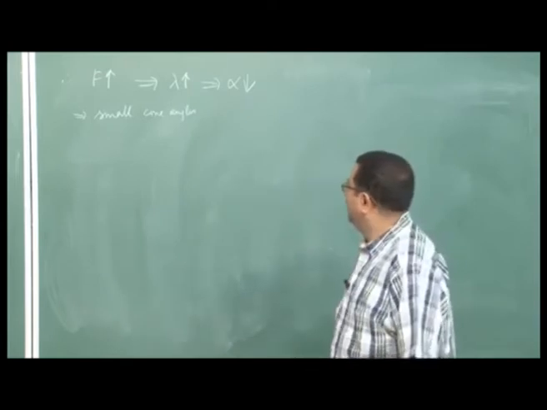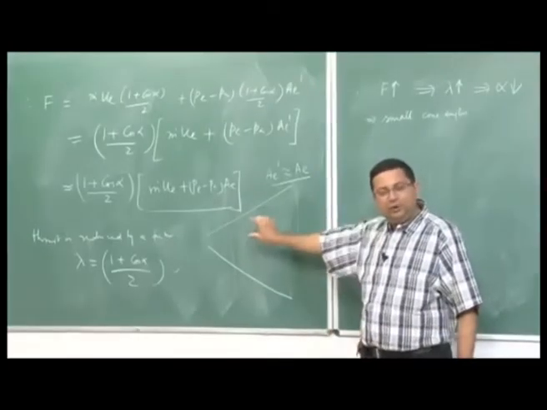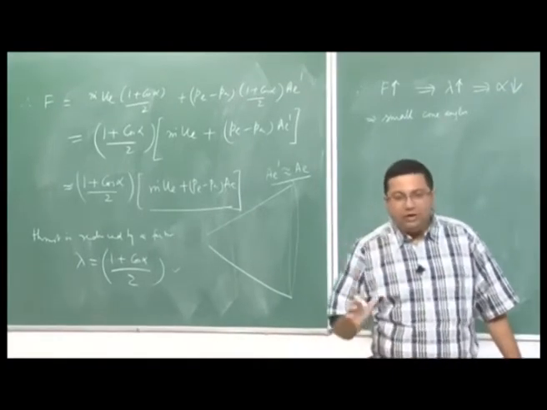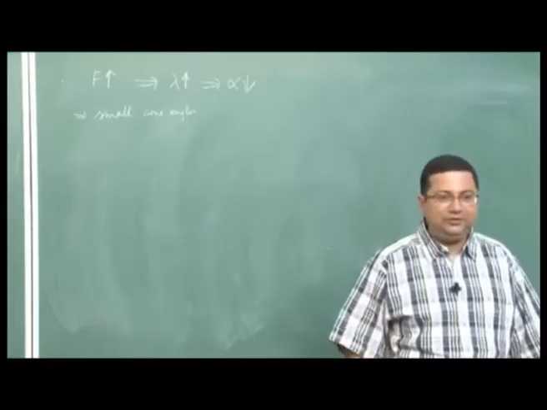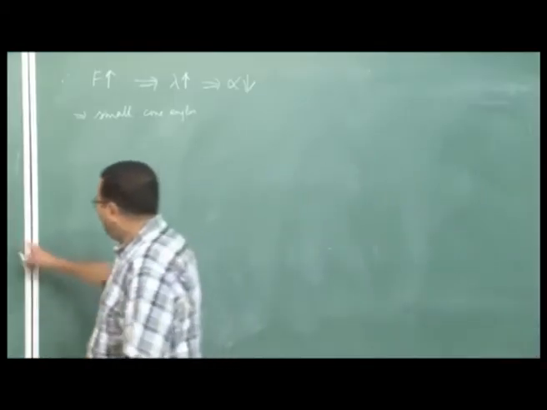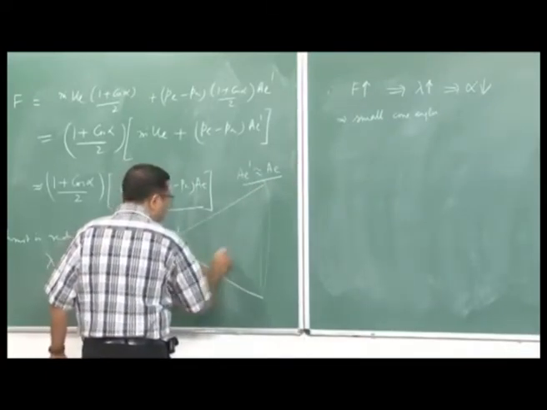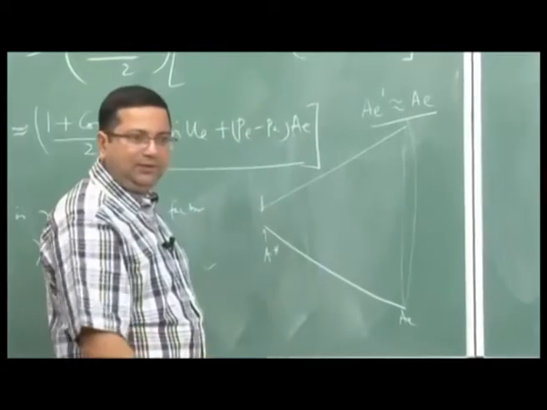But now comes the tricky part. We would like to have a small cone angle. At the same time, in order to get proper expansion, our area ratio is fixed, right? This exit area A_E to this throat area A star is something that is fixed.